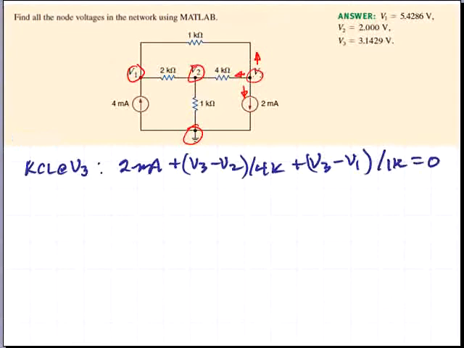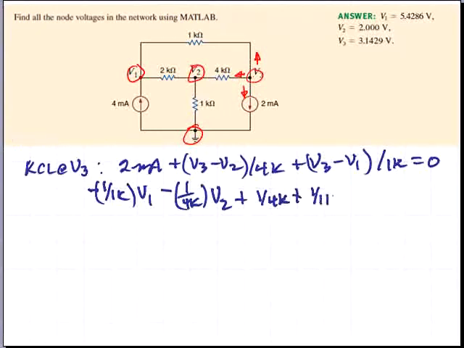Rearranging terms, we have minus 1 over 1K V1 minus 1 over 4K V2 plus (1 over 4K plus 1 over 1K) V3 is equal to minus 2 milliamps.